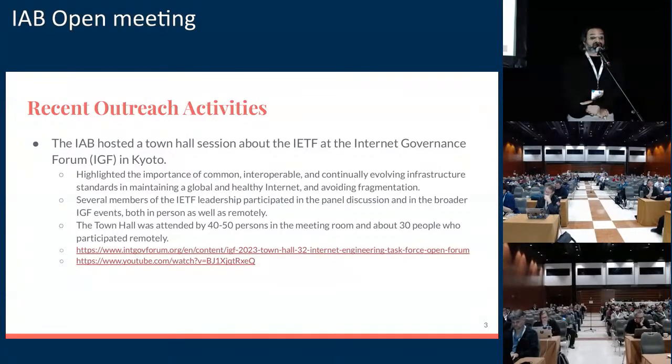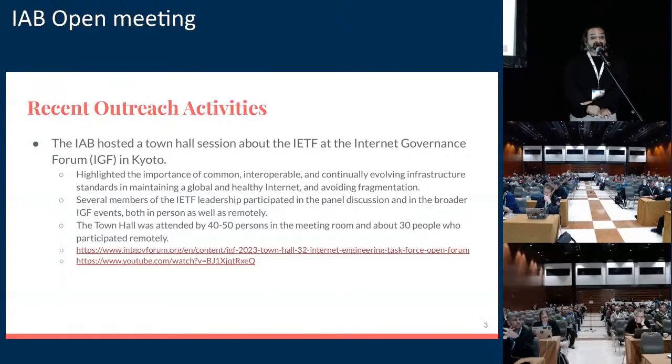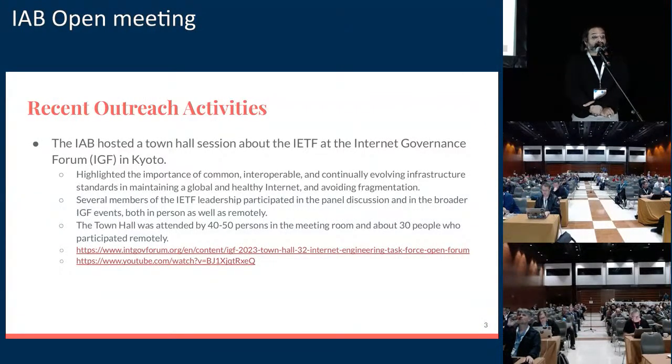The aim of this session was to highlight the importance of the work that we do in this community, which is about common interoperable infrastructure standards and how important they are in the health of the internet and to avoid fragmentation as well. So several members of the ISG and IAB, as well as the community members, participated in this town hall. We had folks in the room as well as remote, pretty good participation. The report and the video is linked here.